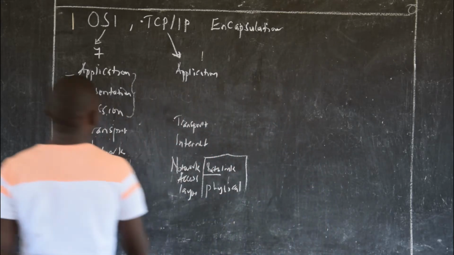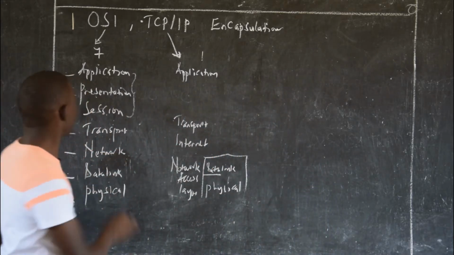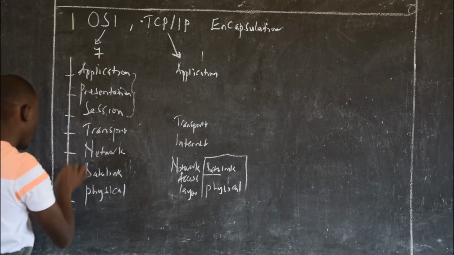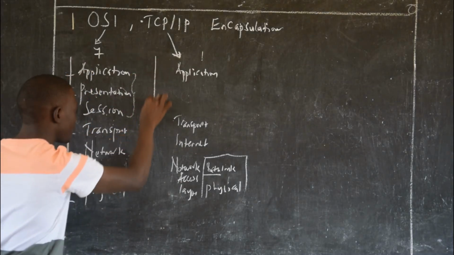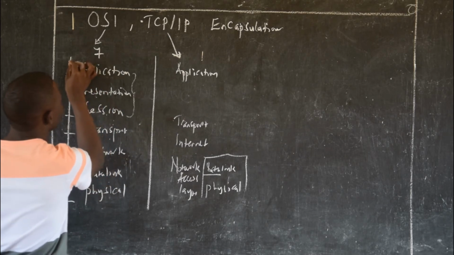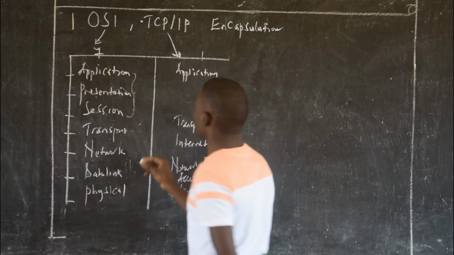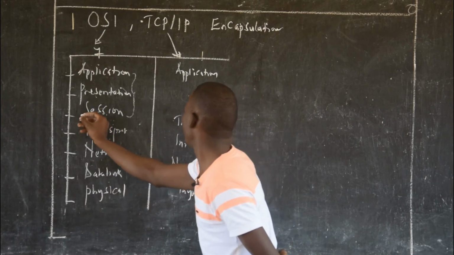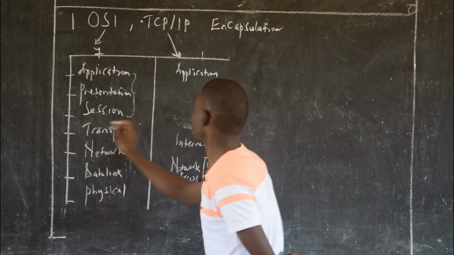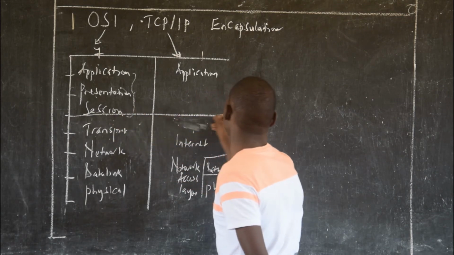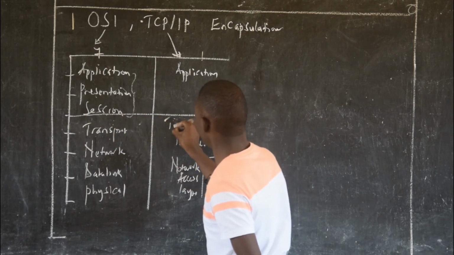So that's why, for example, you can make this one in form of a table, to understand it well. So we are going to narrow this one down. So we have the transport layer here again.